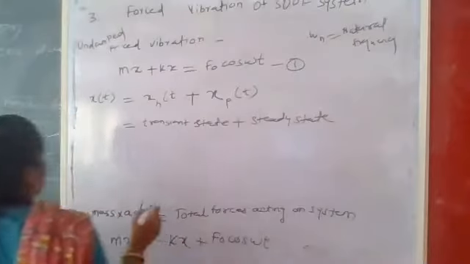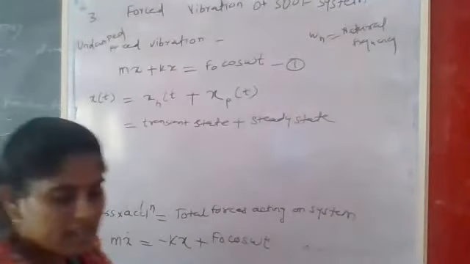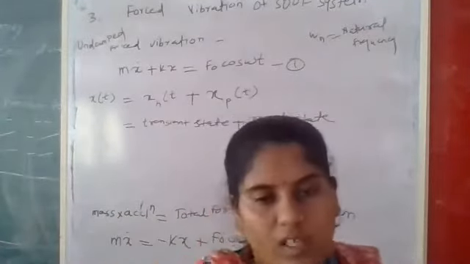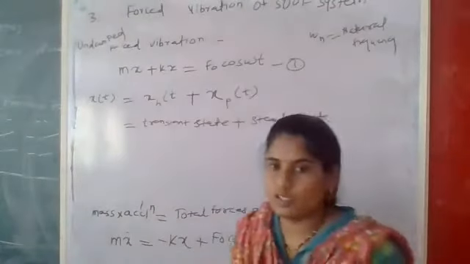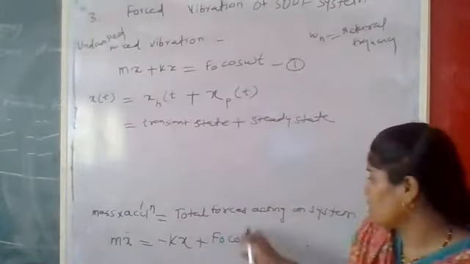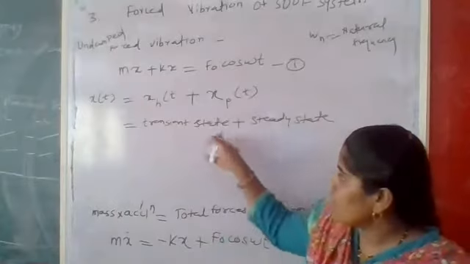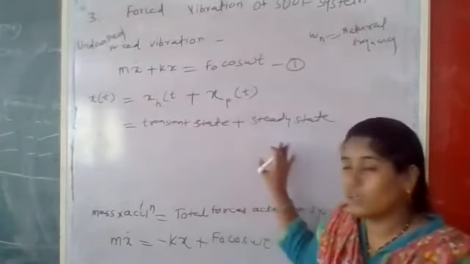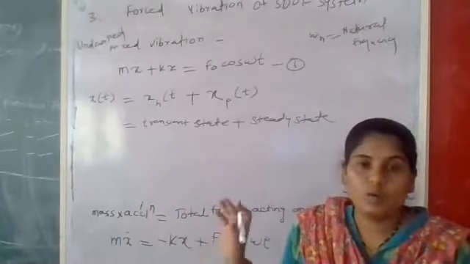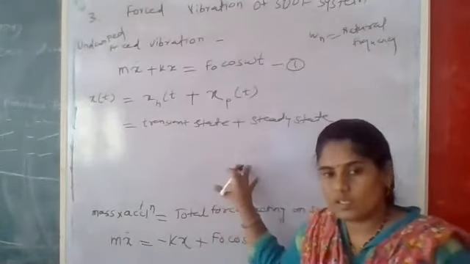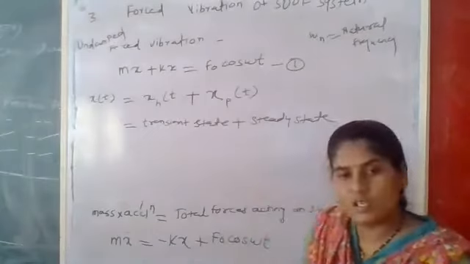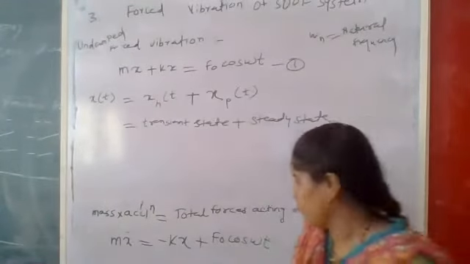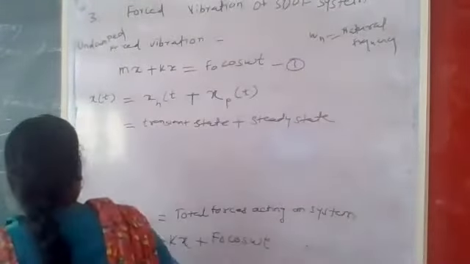So write down this xh of t. In the last derivation we took x of t equal to A into e raised to st, because there was only the steady state. But for forced vibration there are two stages, the transient and the steady state. So we have to solve this derivation for both cases. Write this down and go for the next point.